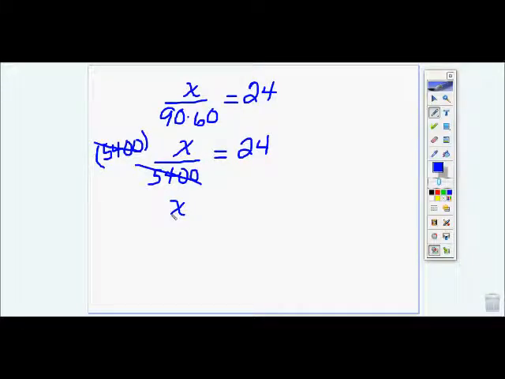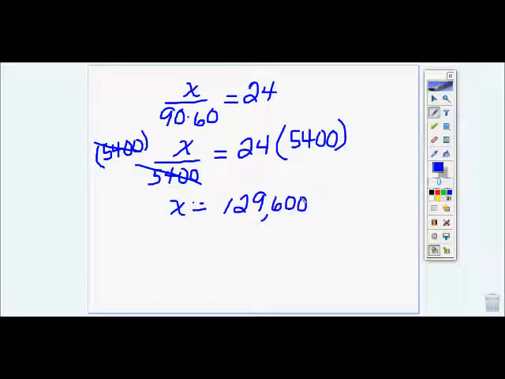But if I do that on one side, I need to do that on the other side as well. So when I do that, I'm going to get a whopping, and you could do this on your calculator, 129,600 frames.